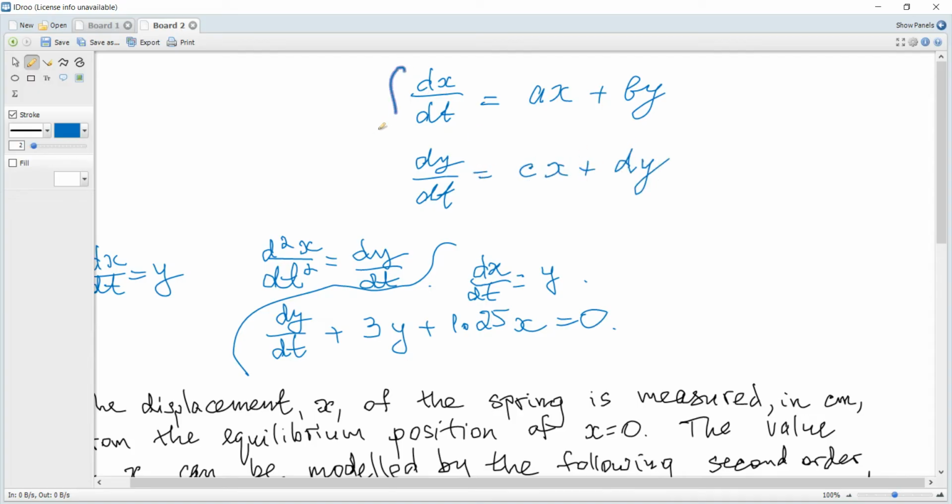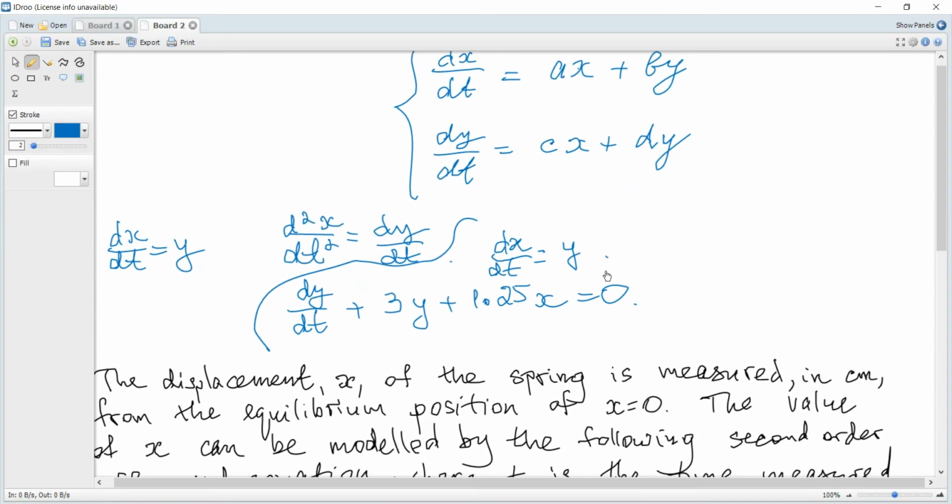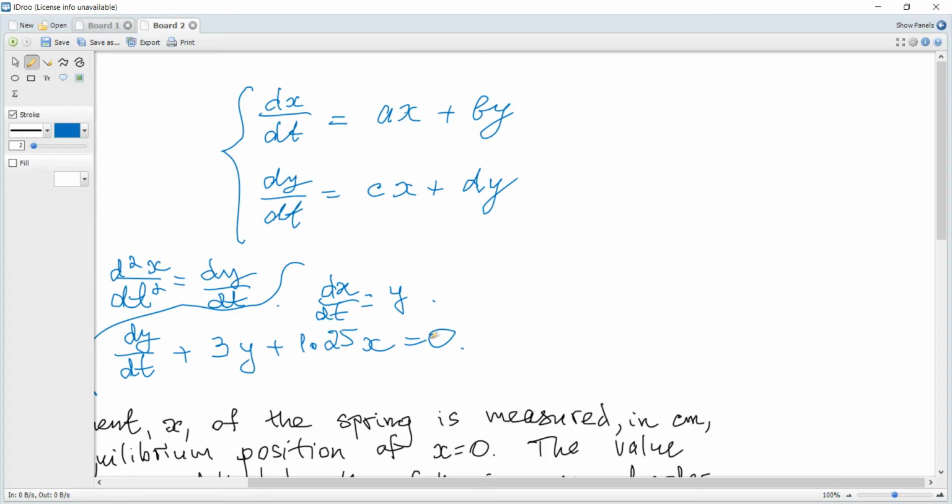So to find the exact solution using the formula given in the data booklet, the form must be like this only. There may be x, y, or y, z, but notice that it is x, y, not y, x, or something like that.